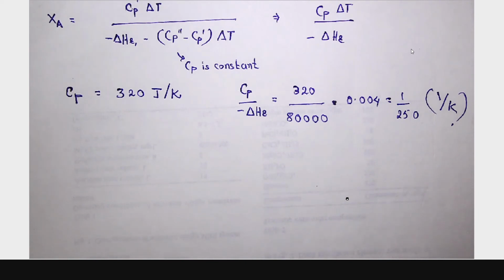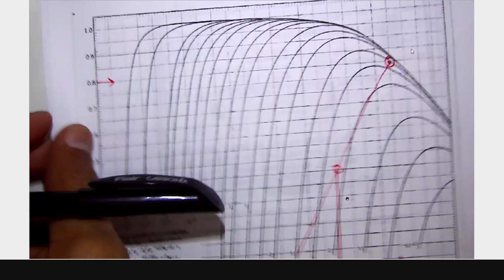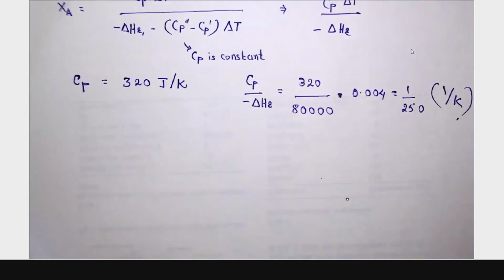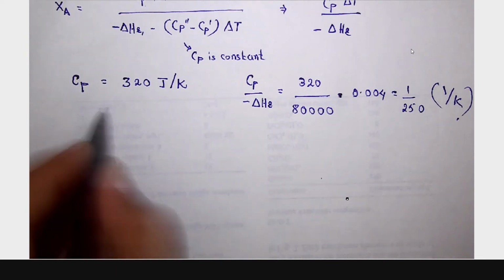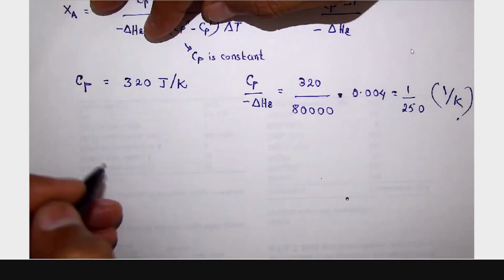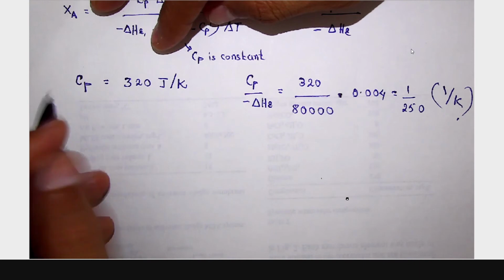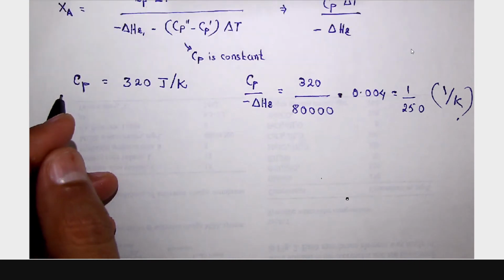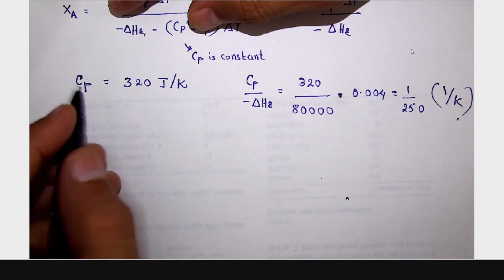Now go to this particular figure, the optimum temperature progression, which is given for this reversible reaction. Now the maximum allowable temperature is given as 900. So we will not go up to it; we'll take a little bit less than that. We don't want to go up to the maximum because it is on the higher side.